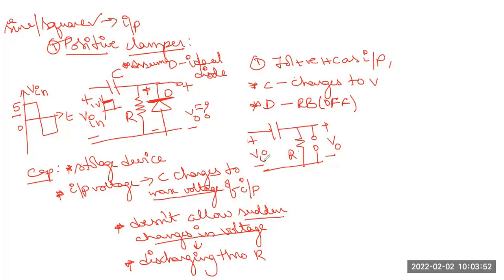I know what is the input voltage because its maximum voltage is V, and the capacitor is also charged to the maximum voltage V. So that means the capacitor also has some voltage across it. Then these are the polarities of the voltage across the capacitor. So now how do I find out this output voltage when I have the information of voltages in a circuit like this?